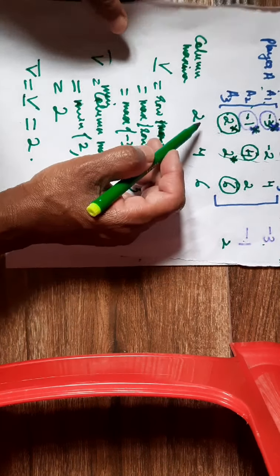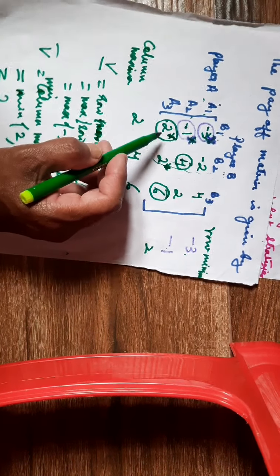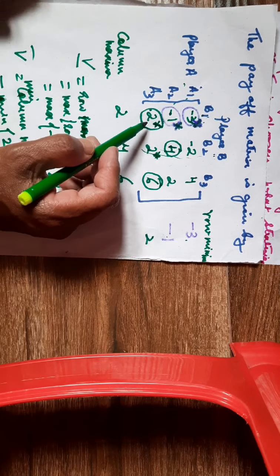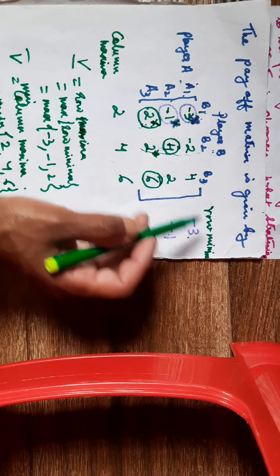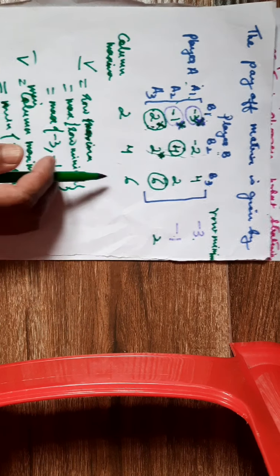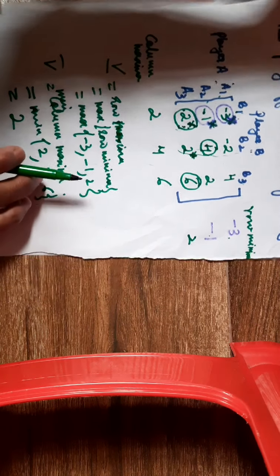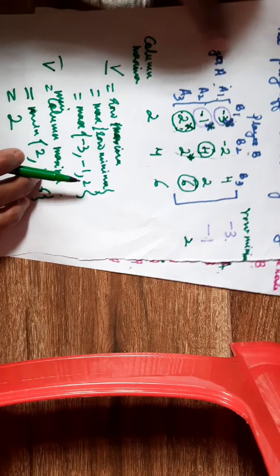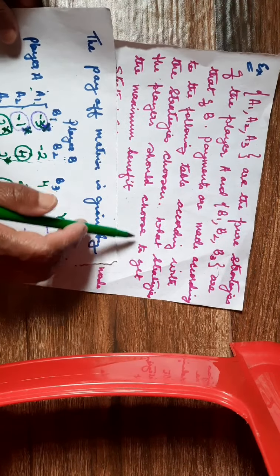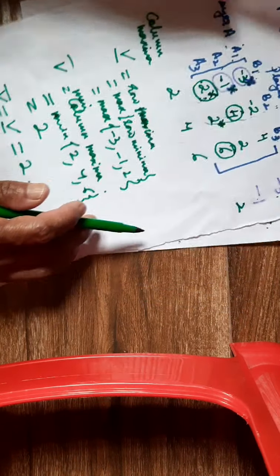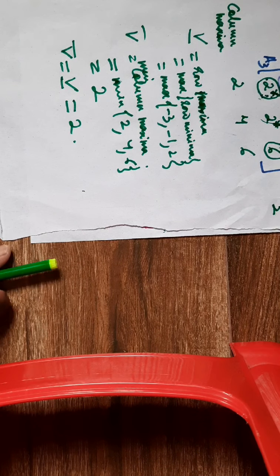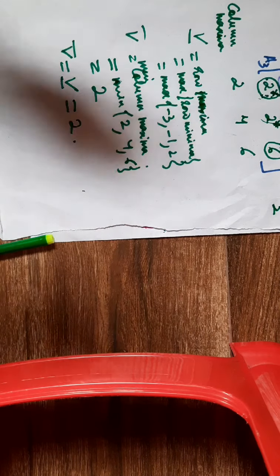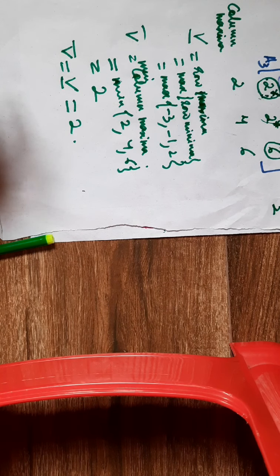And this is the saddle point. Why is this a saddle point? Because it is a position of the payoff where the column maxima and the row minima coincide. But now, according to the question, what strategies should the players choose to get the maximum benefit? What strategies should be played by players A and B so that there is a maximum gain for one player and minimum loss to the other?